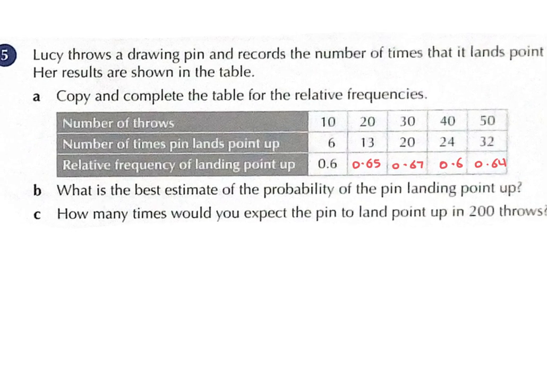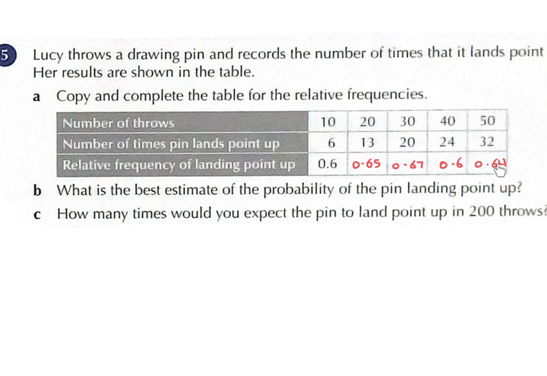Now, what is the best estimate of the probability of the pin landing point up? Which one? 0.6 or 0.65 or 0.67 or 0.64? Why 0.64? Yes, because as we increase the number of throws, we get the best estimate for the probability.